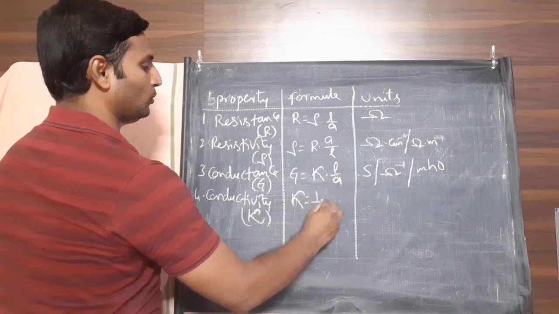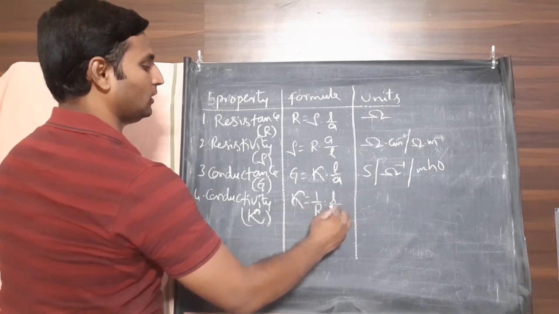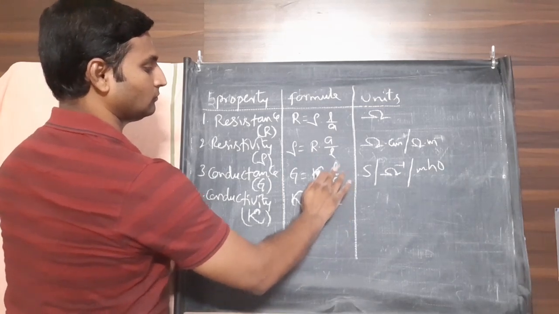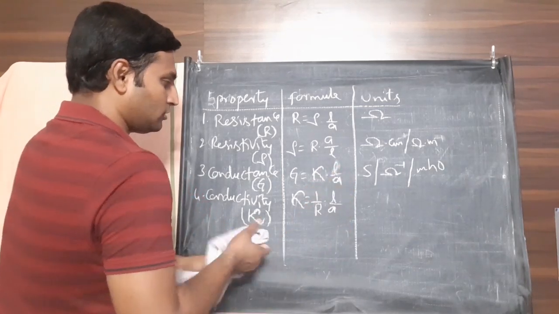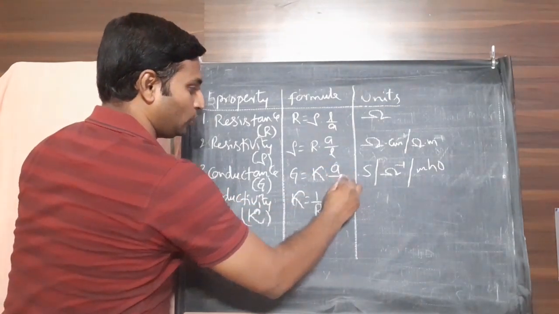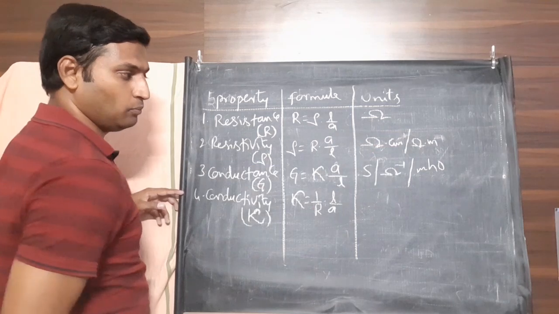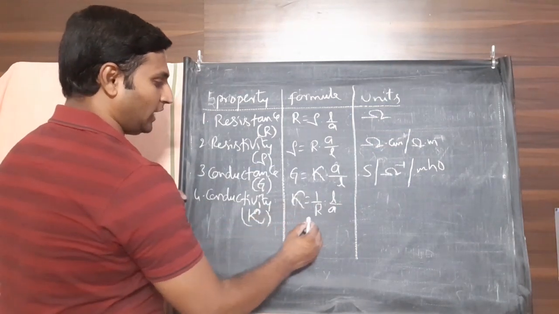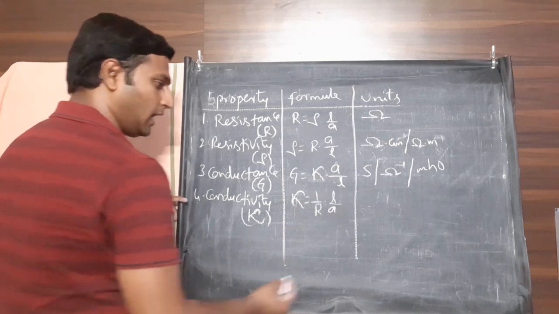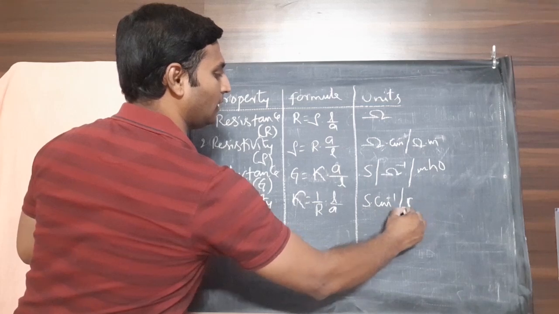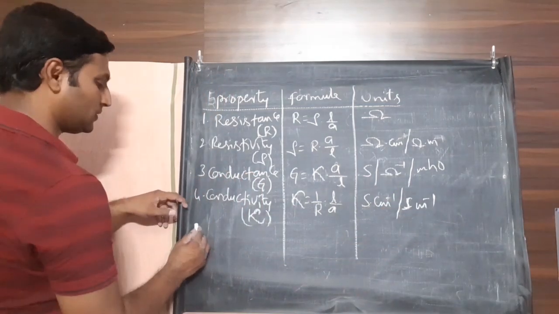Kappa is equal to 1 by R into L by A, or conductance into L by A. Siemens centimeter inverse or Siemens meter inverse are the units.